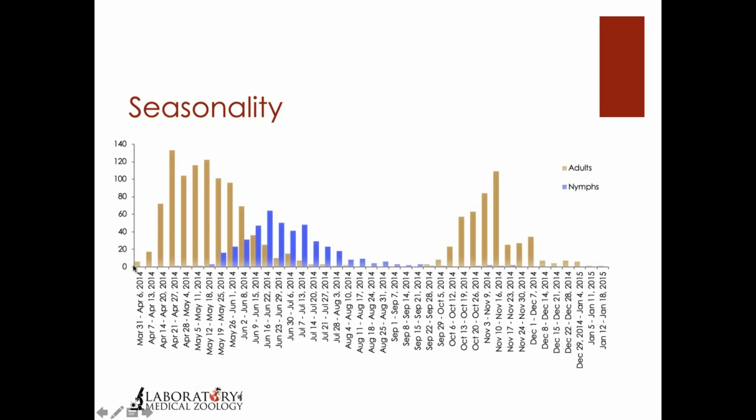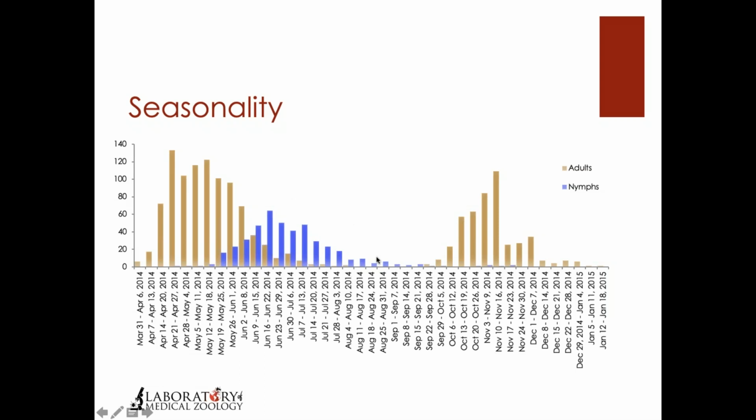And you can see that there's a peak of submission of adults in the spring. There's another peak of adult submissions in the fall. And then there's a single nymphal peak that occurs in the early summer. And I told you that before when I showed you the 2-year life cycle. That's the nymphal cycle that we see.